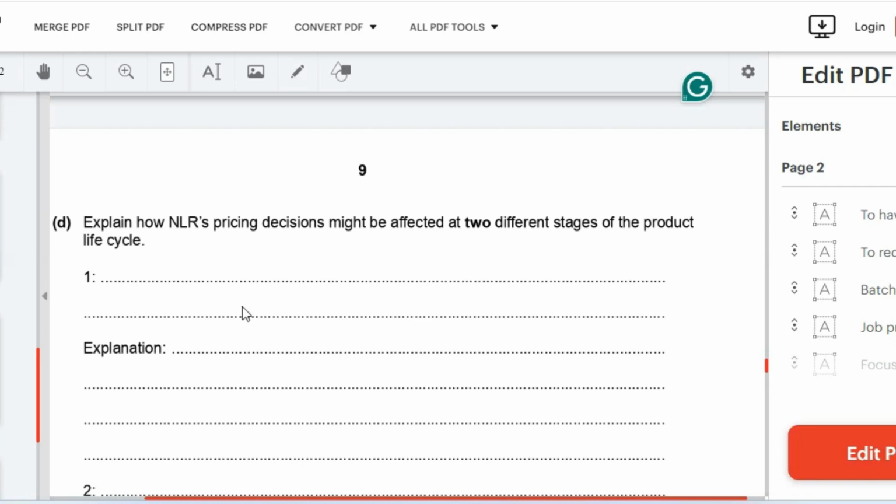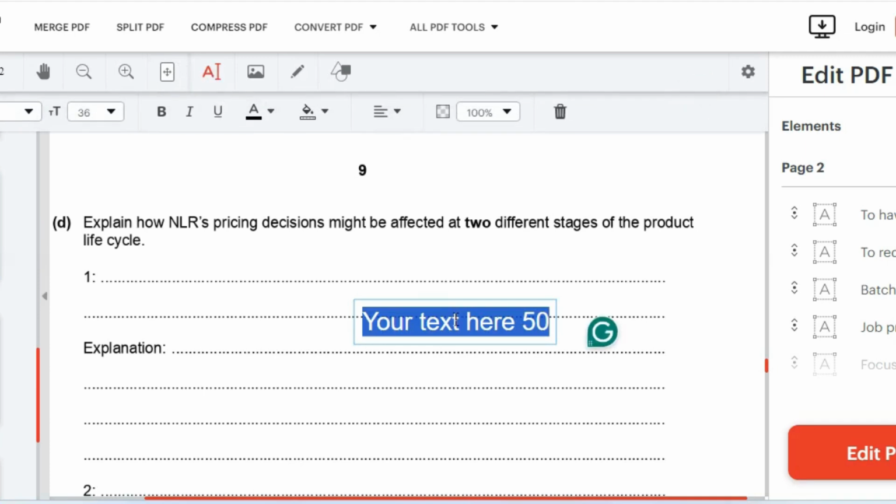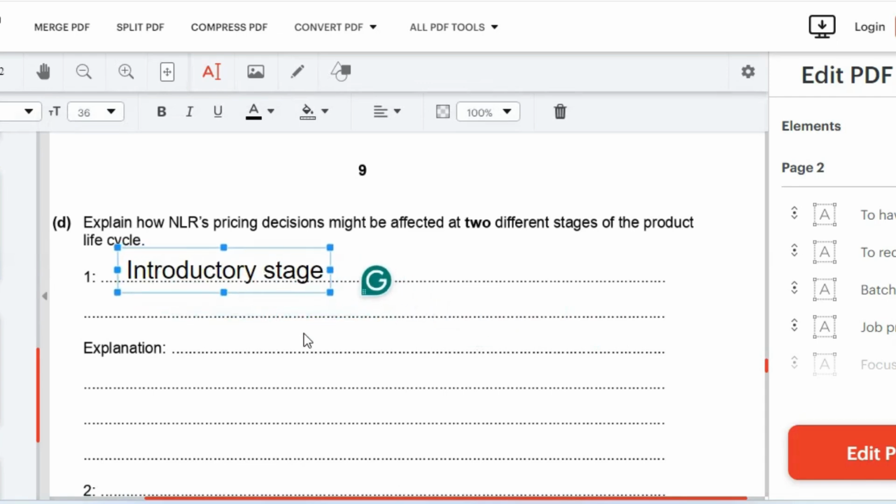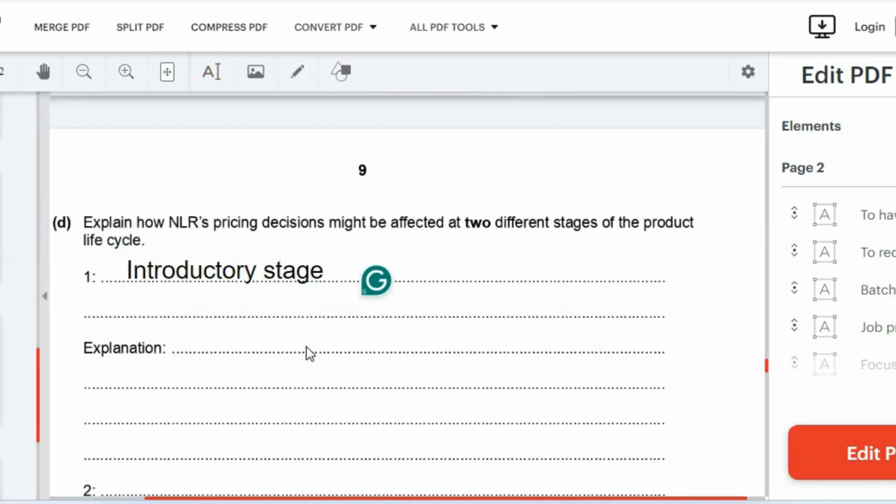Now let us put the first one as the introductory stage, and we have to give the explanation of how this stage could affect NLR's pricing decision.